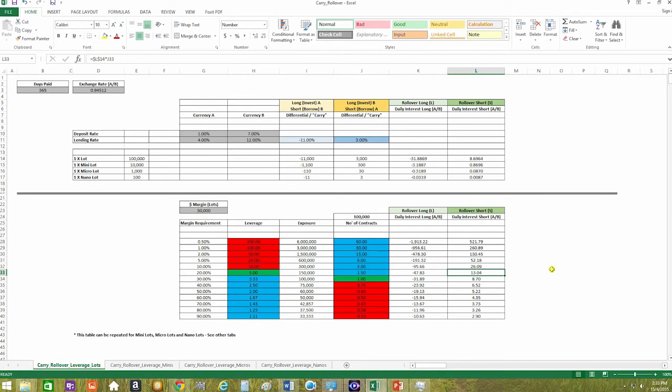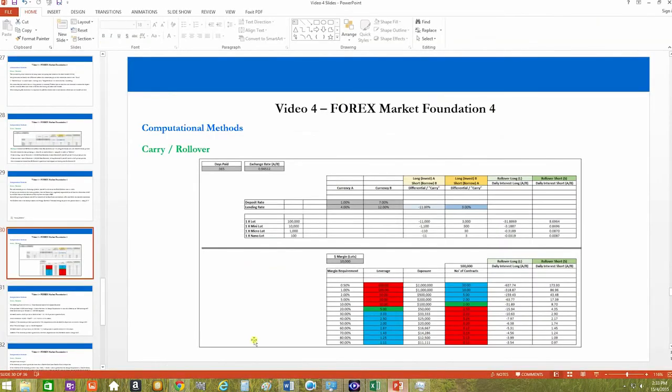And if we're at 20% margin requirement, so we decide that we want to be here and this is the exposure we're going to take, we can comfortably receive this per day and have confidence that it's very improbable that we're going to get stopped out or wiped out in any way on our entire trading account. So let's go back to the presentation. In your own time, go through that.